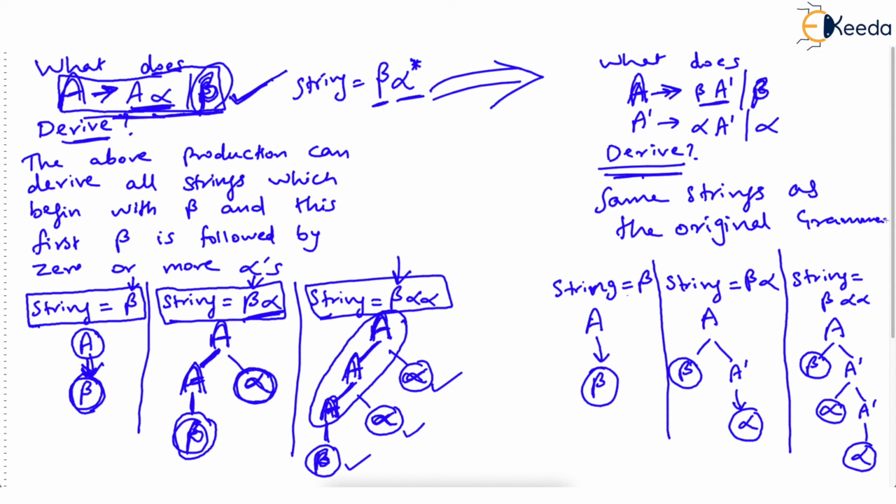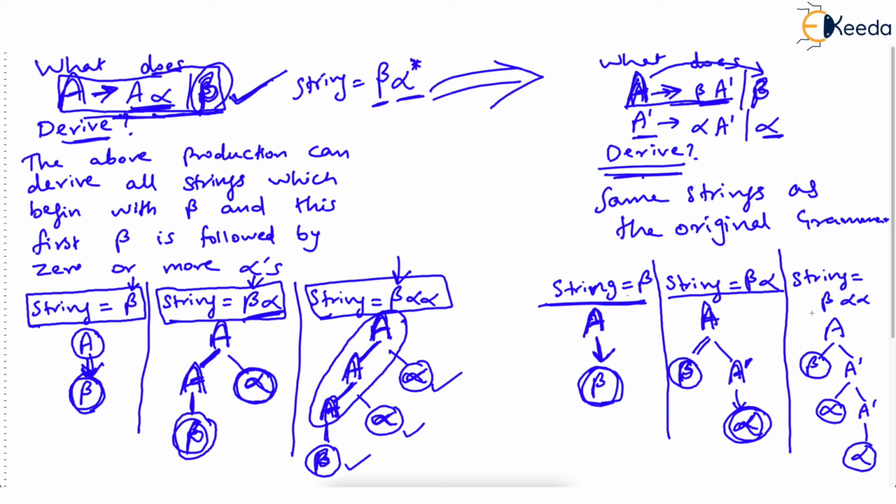Try it. Try deriving string beta. You will always start from the start symbol A, and you can see A directly gives beta. We have this production A derives beta. But can we derive beta alpha? Check. A, the start symbol, can give us beta followed by A dash, and then A dash can give us a single alpha here.